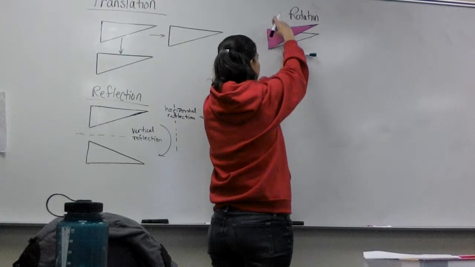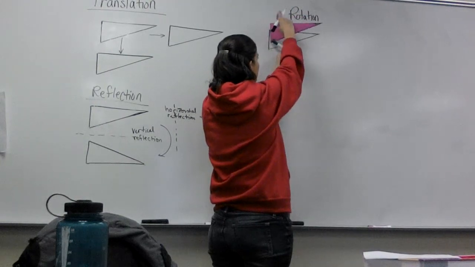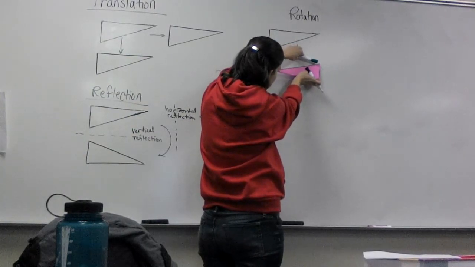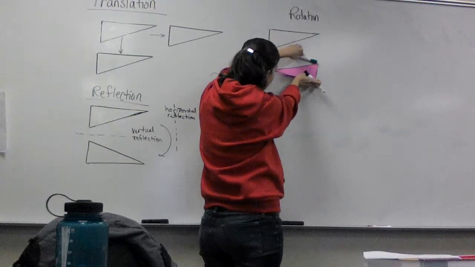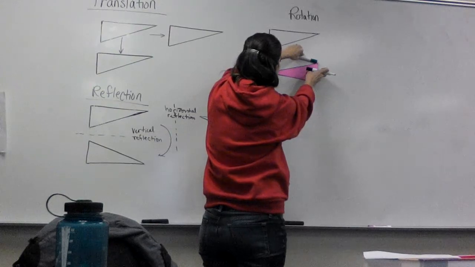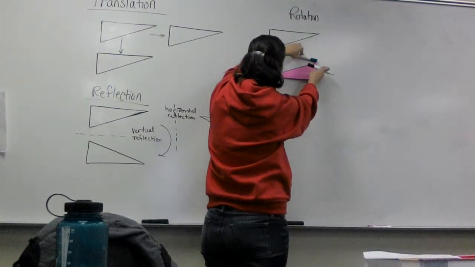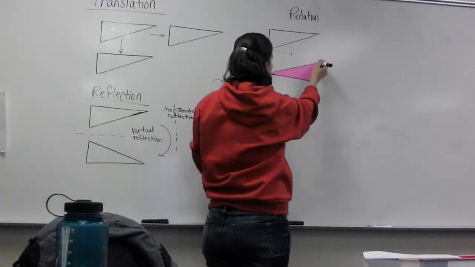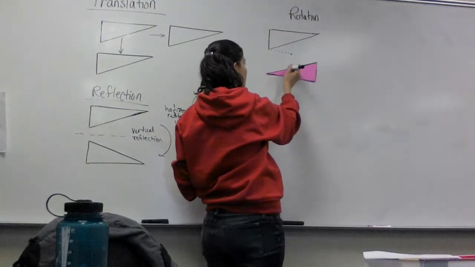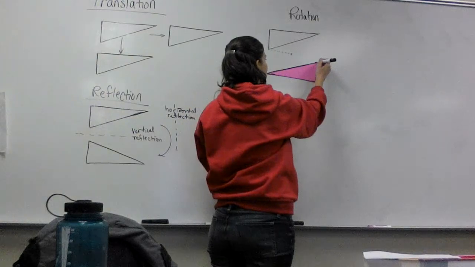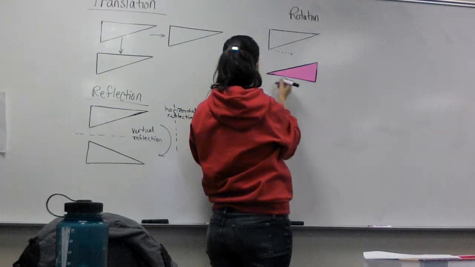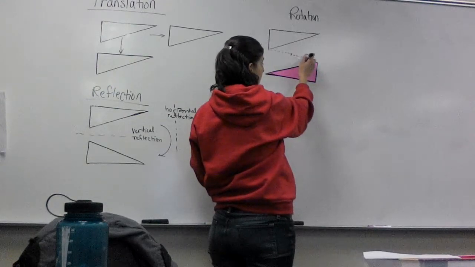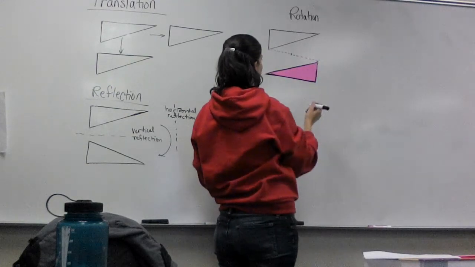So this triangle needs to spin 180 degrees that way. It would be kind of like that. All right. So then I could draw the drawing again. So basically, it ends up kind of being a reflection that flips.